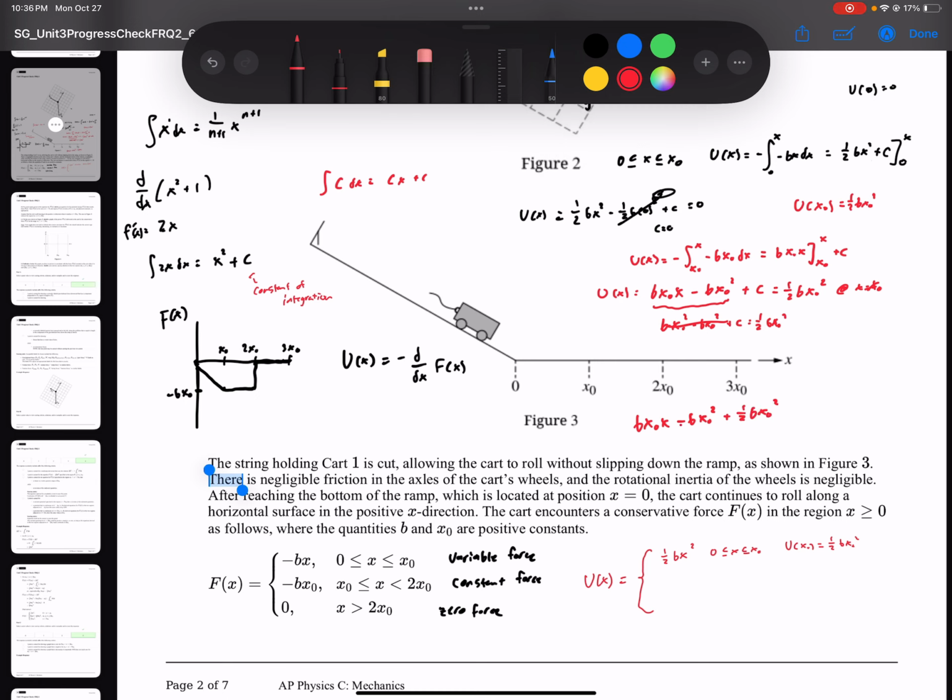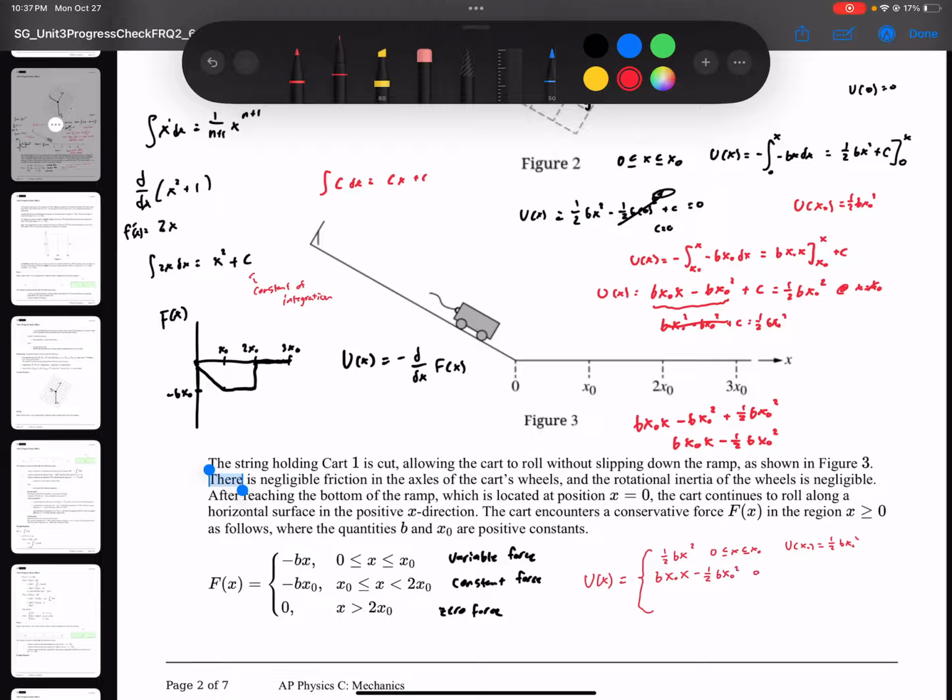All right, and then so negative bx naught squared plus 1/2 bx naught squared, I end up with this function, bx naught times x minus 1/2 bx naught squared. And that's what my function is equal to here, bx naught times x minus 1/2 bx naught squared.